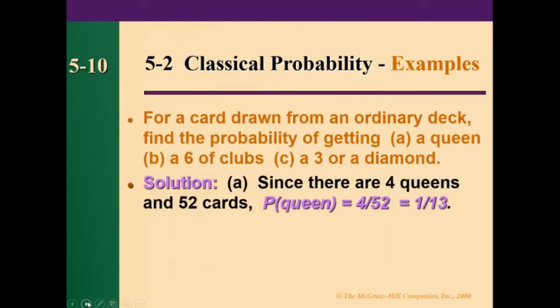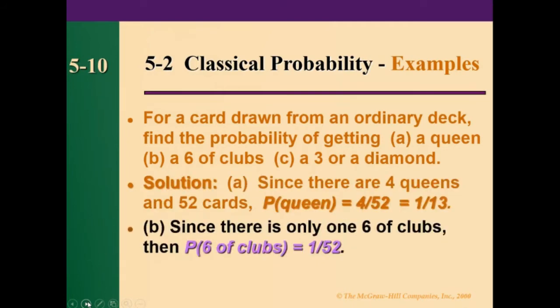So solution, since there are 4 queens and 52 cards, the probability of getting a queen is 4 over 52 or 1 over 13. It will be better if you're going to express it in lowest terms. For letter B, since there's only one six of clubs, the probability of getting a six of clubs is 1 over 52.